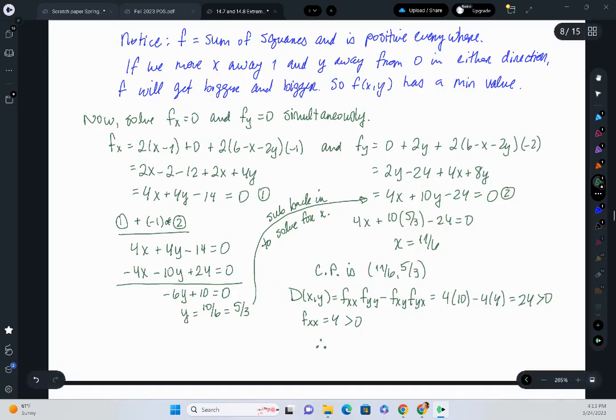So therefore, f of 11 over 6 with 5 over 3 is, I should say, I don't want to do that quite yet. Hold on. Therefore, the point 11 over 6 and 5 over 3 gives a minimum distance.